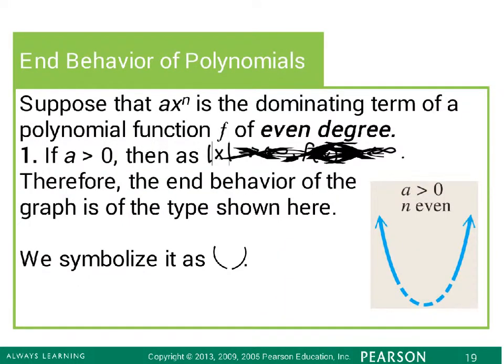Okay, so here are some things about end behavior for polynomials where the degree of our function is even. Whenever our leading coefficient here is positive and our degree is even, this is our end behavior, how we state it, but this is how it looks right here in this graph.